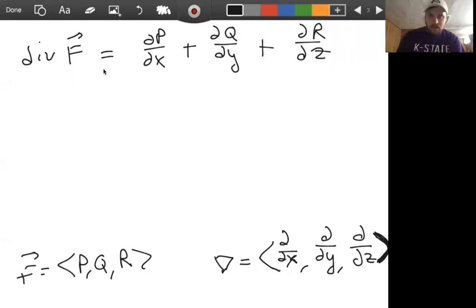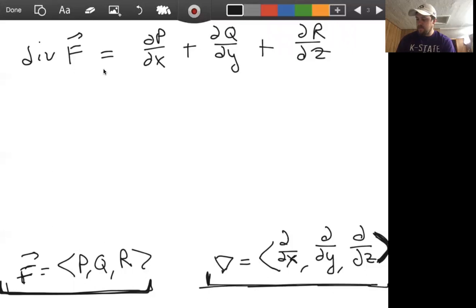Because this is what the gradient does, it takes the partial derivative in each component with respect to x, y, and z, respectively. If we think about the vector field F and the gradient operator, well, then we can change this.